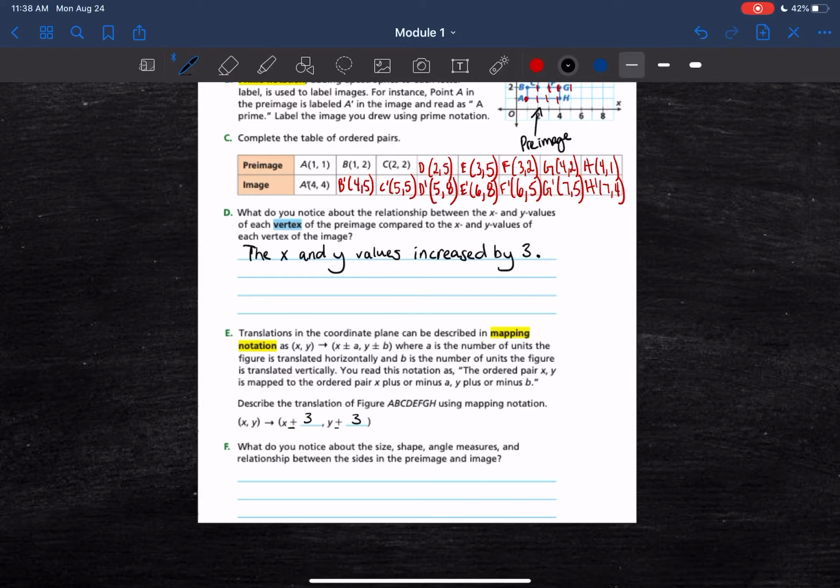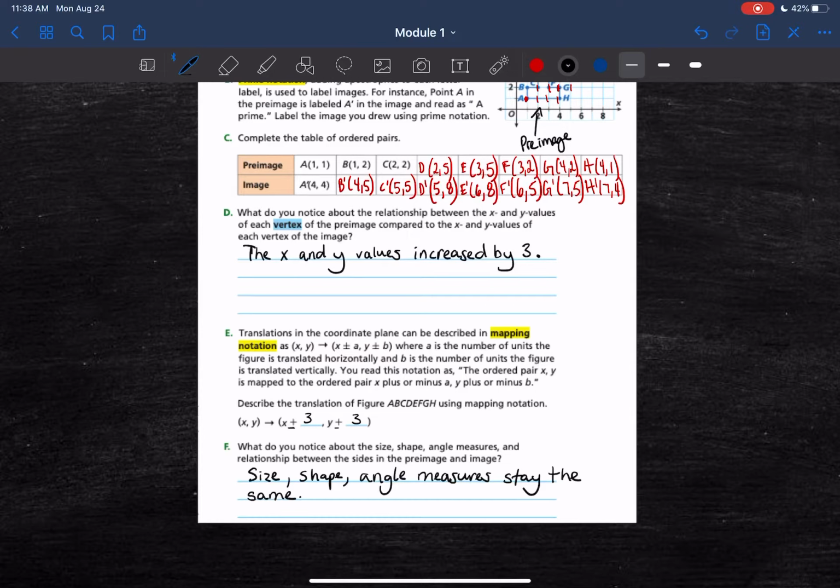What do you notice about the size, shape, and angle measures and the relationship between the sides in the pre-image and the image? All right, well, size, shape, angle measures stay the same.